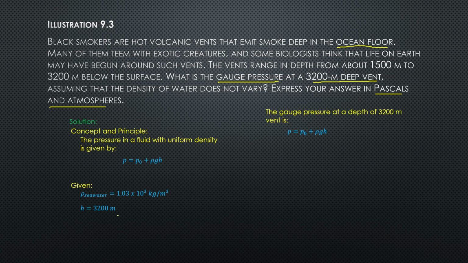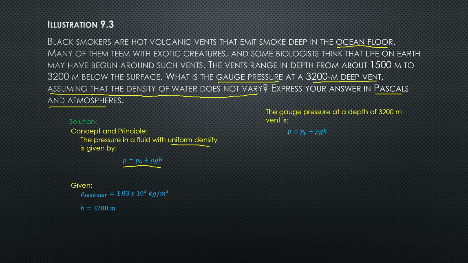So the gauge pressure at the depth of the 3,200 meter vent is given using this formula, because we have considered uniform density. Why? Based on the problem, assume that the density of water doesn't vary, so uniform density.